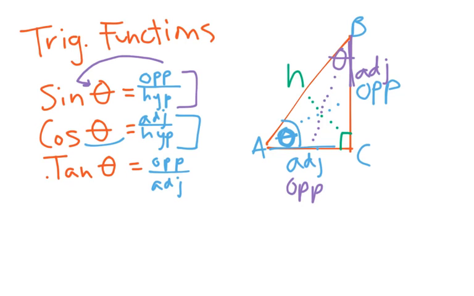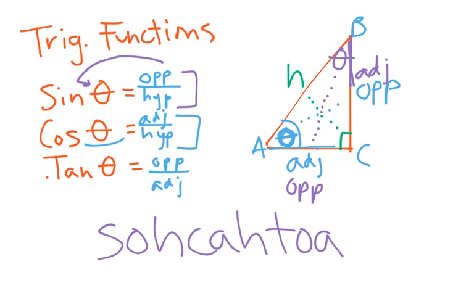Now, there's an easy way, a mnemonic device that we have to help us with that. It's called SOHCAHTOA. So basically, they take the S from sine, the O from opposite, the H from hypotenuse. That gives us the SOH. The sine equals the opposite over the hypotenuse. Same way for the cosine.